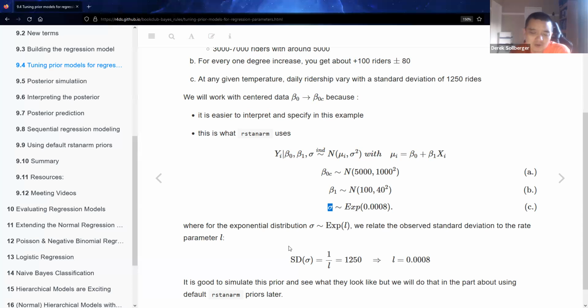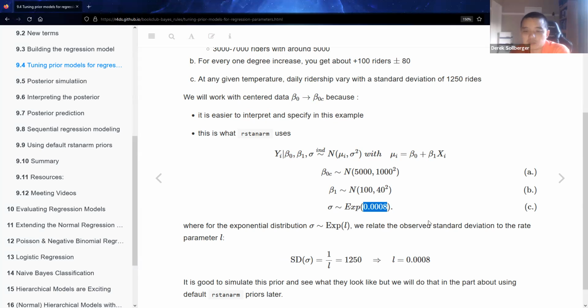And if we go back through how we statistics teachers use the exponential distribution, we could equate the standard deviation, which is the reciprocal of the rate parameter, set that equal to 1,250, and we solve for the rate parameter here, literally 1 over 1,250.